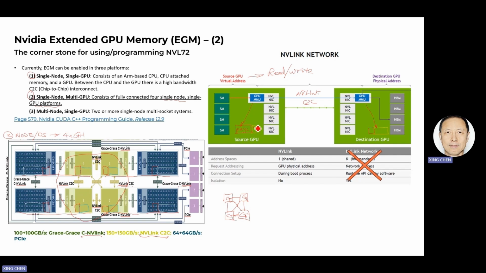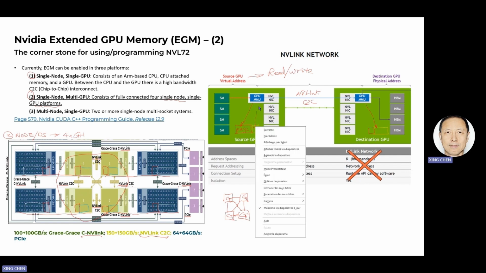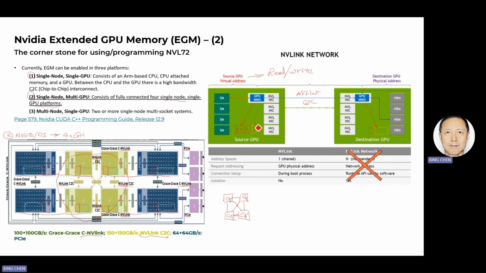Whatever the case, the first time or the second time, the translation will be done here, and is going to be sent back to the memory management unit. Within this entry, we are going to have the physical address of the destination GPU.